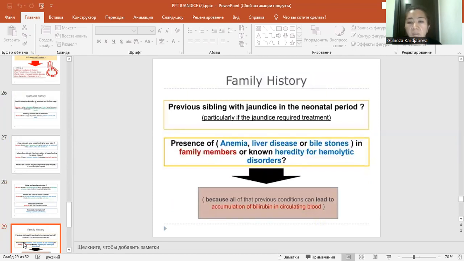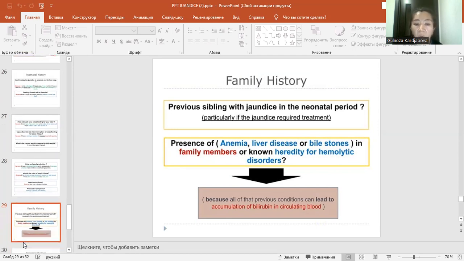Next, family history. We should pay attention to a previous sibling with jaundice in the neonatal period. Brothers or sisters of this baby may have some hemolytic causes or some familial erythrocyte pathology. Presence of anemia, liver disease, or bile stones in family members, or known hereditary hemolytic disorders.